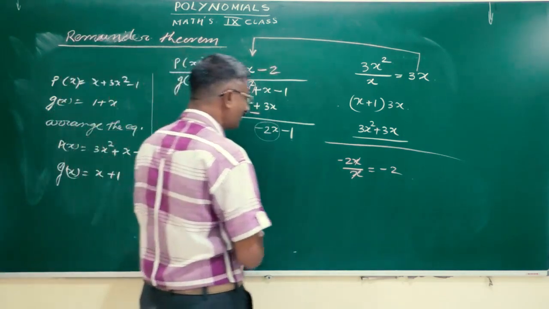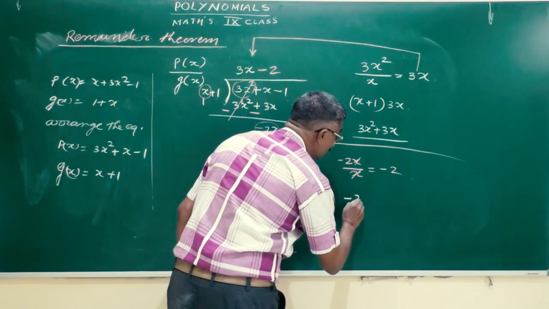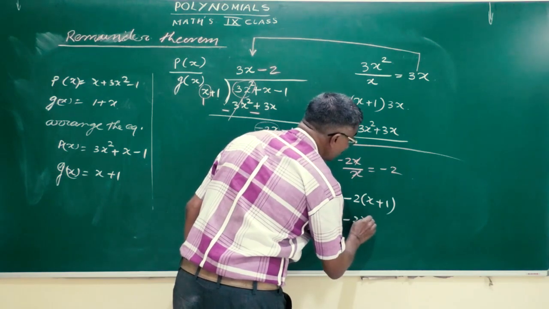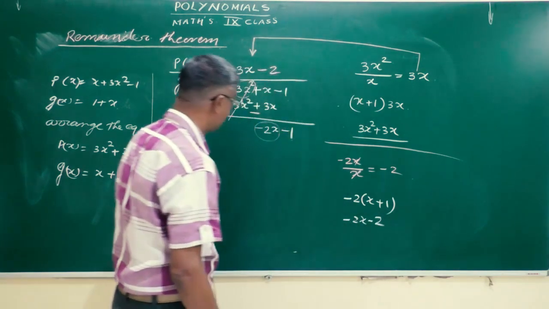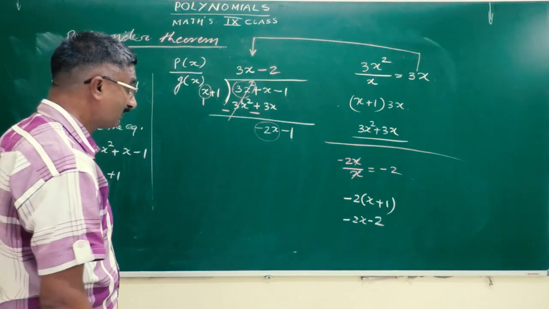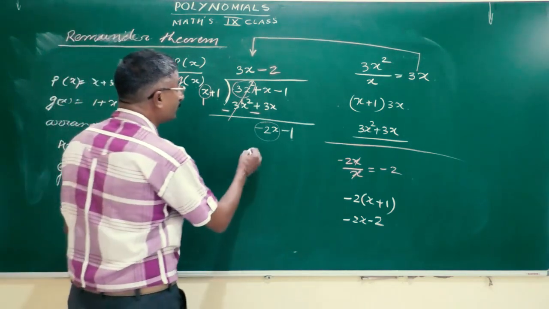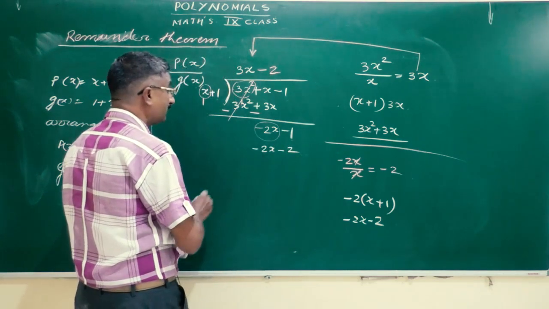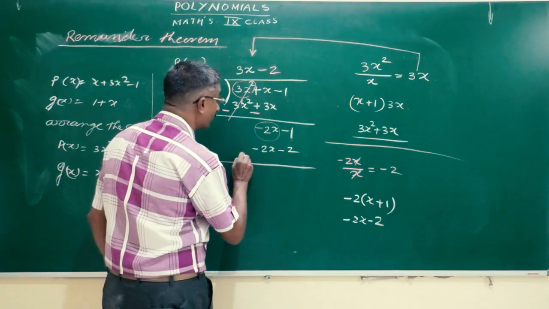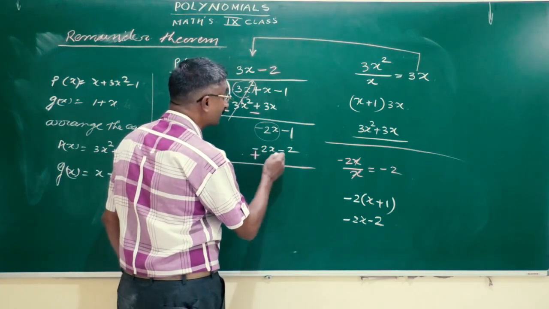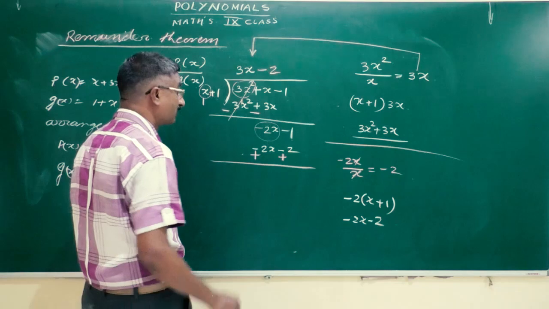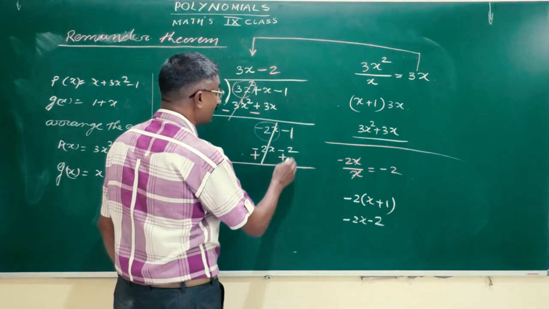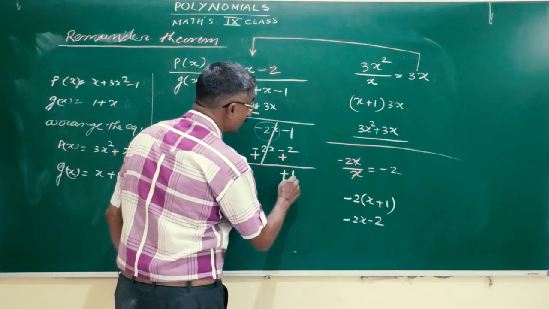I will multiply the divisor by minus 2, so minus 2 into x plus 1 is minus 2x minus 2. I will subtract this. So minus minus becomes plus, and this is also plus, so this will be cancelled. This is plus 2 and this is minus 1, so this becomes plus 1.